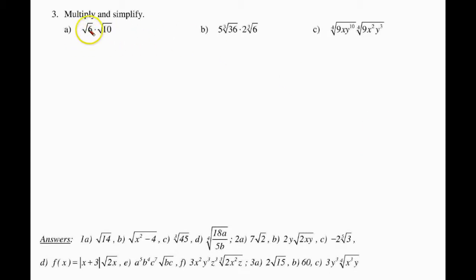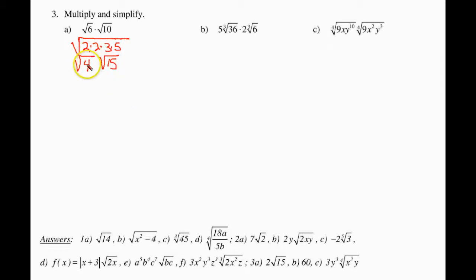Now, a couple of ways to do it. And the way I started off when I did it was, what are the factors of 6? Well, 2 times 3. What are the factors of 10? Well, 2 times 5. Can you see here a 4, which is a perfect square, and then whatever's left is the square root of 15.